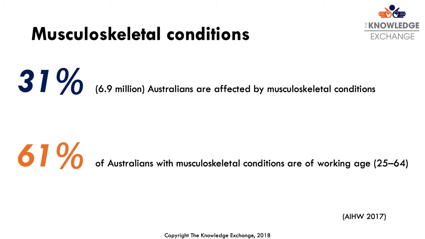In 2015, 31% of Australians with a disability reported having musculoskeletal conditions. What's also interesting is that of those 31% of Australians that are affected by musculoskeletal conditions, 61% are of working age between 25 and 64.